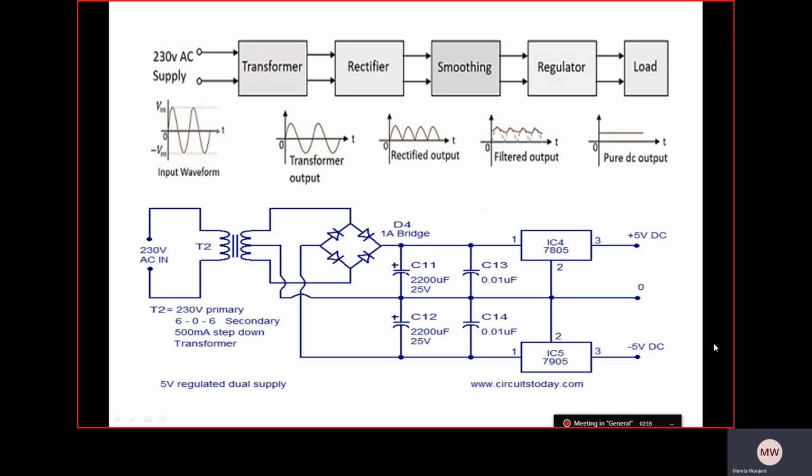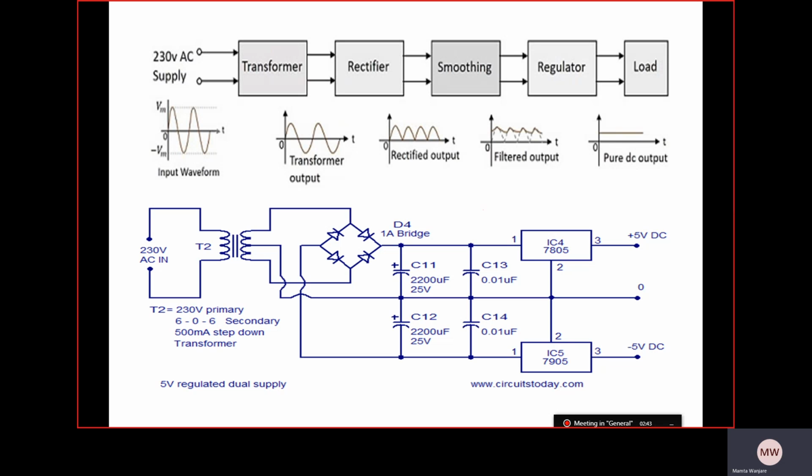While designing a linear regulated power supply, the first step is to draw the basic circuit diagram. For the transformer, we use a step down transformer. Step down transformer output is given to the rectifier circuit. Different types of rectifiers are available: half wave rectifier, full wave rectifier.